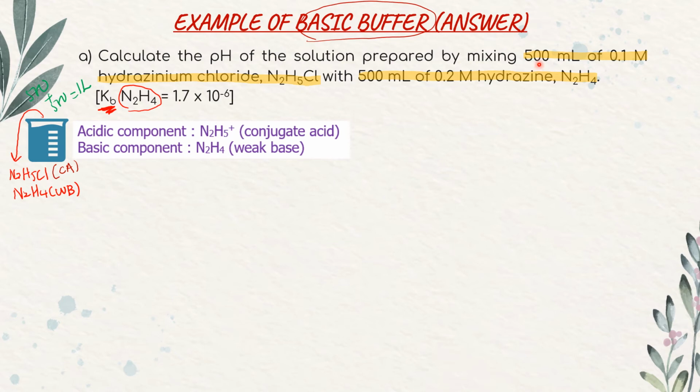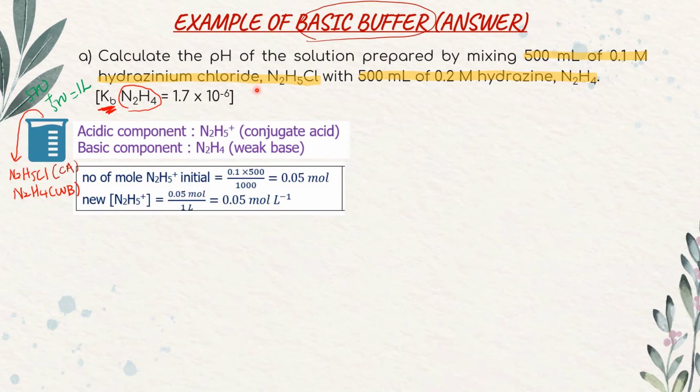So, maklumat kita ada dekat sini, 500 ml of 0.1 hydrazinium chloride. Find the number of mole first. Macam mana nak cari number of mole? n equals to MV over 1000. Okay, so itu yang berlaku dekat sini. So, first, number of mole of N2H5 initial, so this is the initial one, is 0.1 times 500 over 1000.